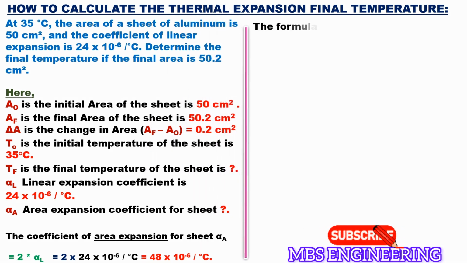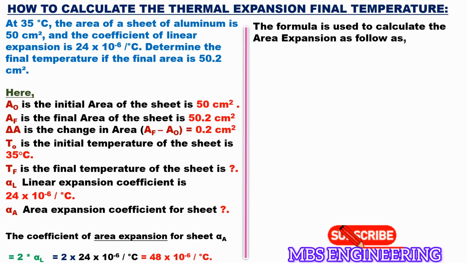The formula used to calculate the area expansion is as follows. Delta A is equal to alpha A into A0 into delta T. We need to calculate the final temperature, so apply minor changes in the above formula. Delta A is equal to alpha A into A0 into final temperature TF minus initial temperature T0.